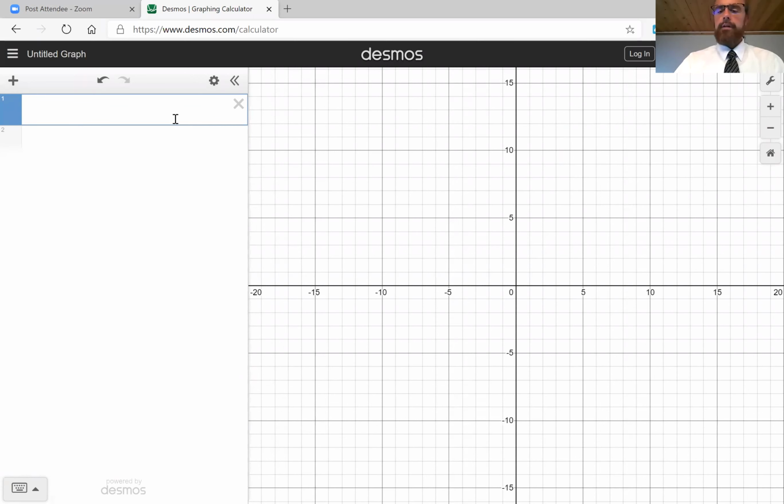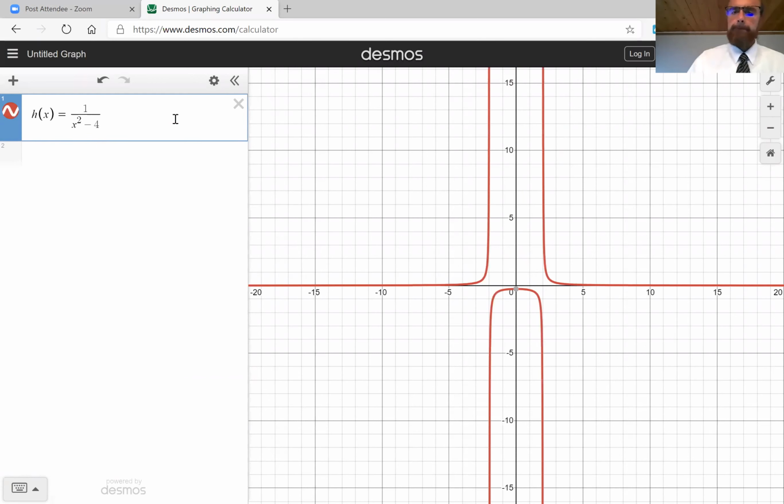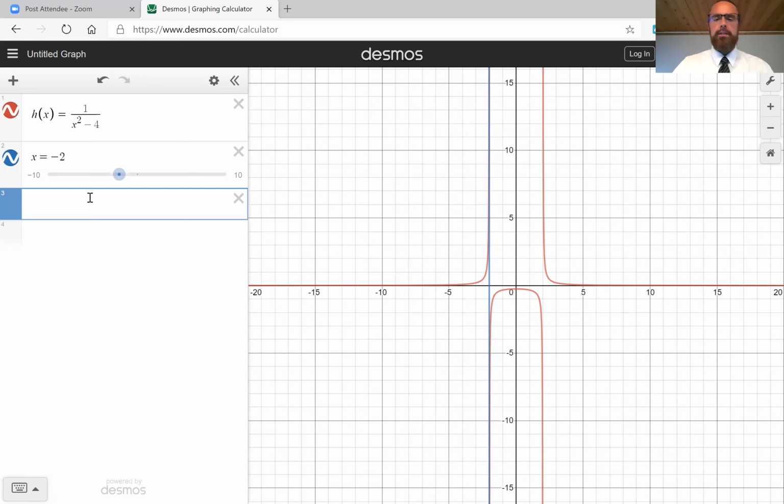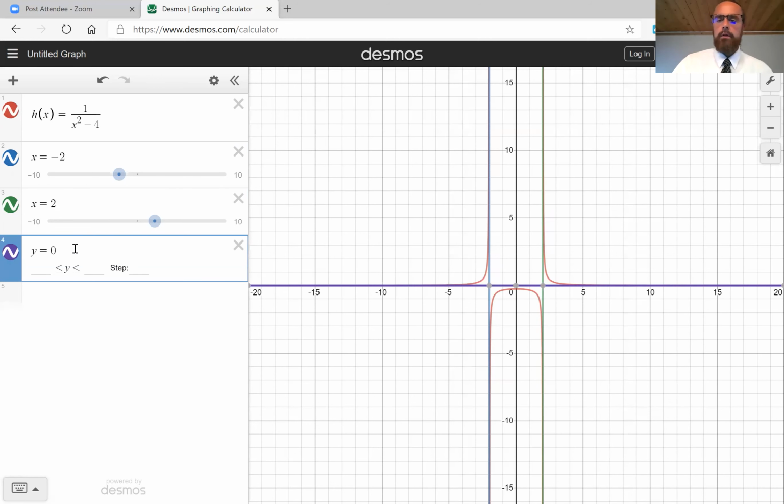Let's keep it h of x equals 1 divided by x squared minus 4. And that looks exactly right. So if I check my vertical asymptotes of x equals -2, there's that blue vertical one on the left, and x equals +2. And then the horizontal asymptote of y equals 0. And those three asymptotes really do follow the shape of the graph.